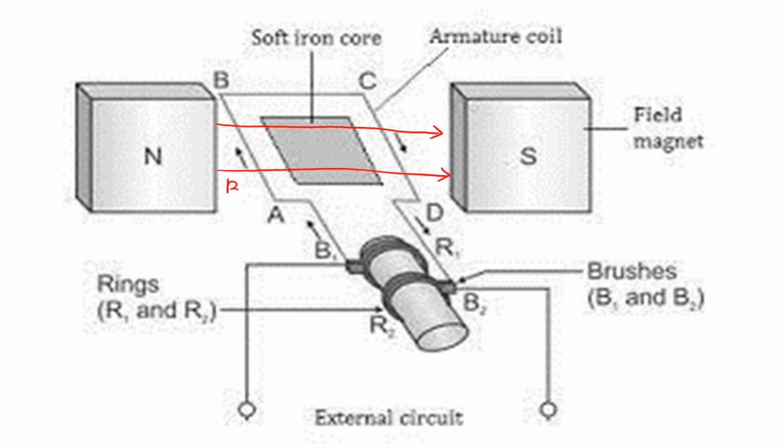So now, if the armature of the alternating current generator is rotating anti-clockwise, then the direction of the current on this right side will be downward. So this will be the direction of flow of the current, whereas on the opposite side the direction of flow of current will be upward.